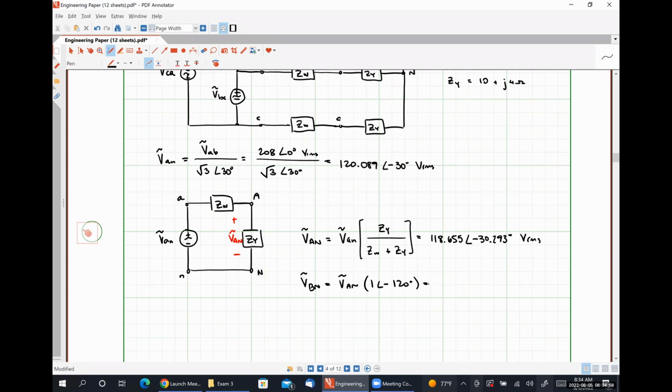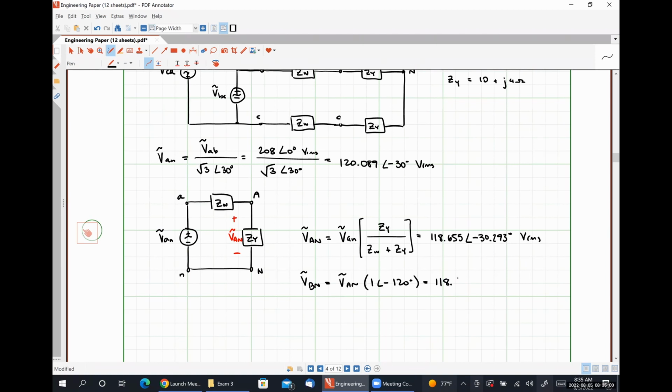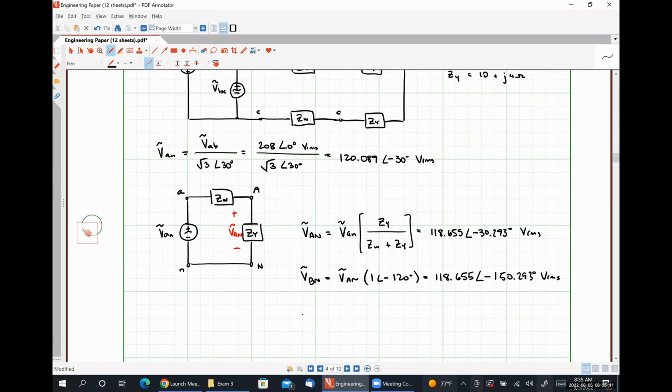So this is going to be 118.655 with an angle of negative 150.293 degrees volts RMS.